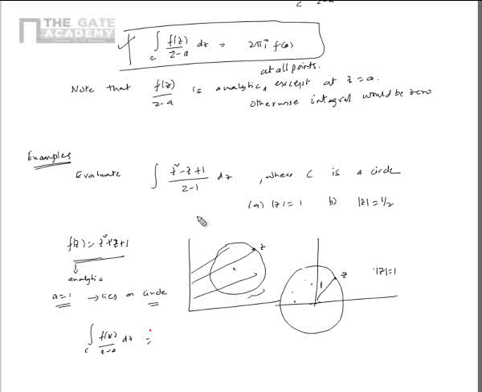So this becomes 2 pi i f of a, which is substituting 1 in place of z. So 2 pi i times 1 minus 1 plus 1. So 2 pi i is the result.